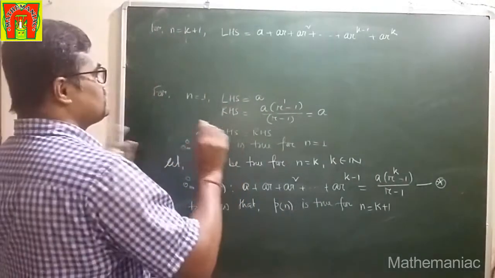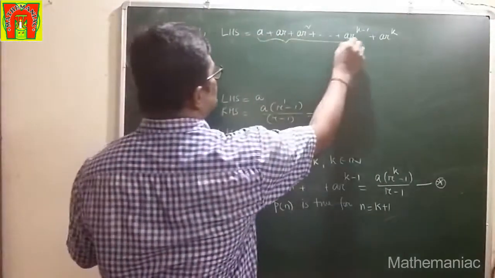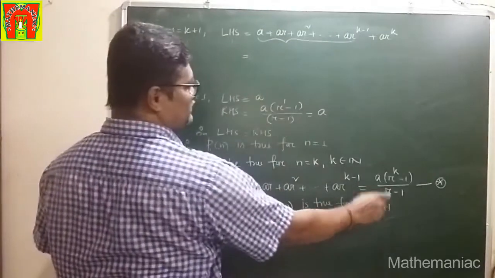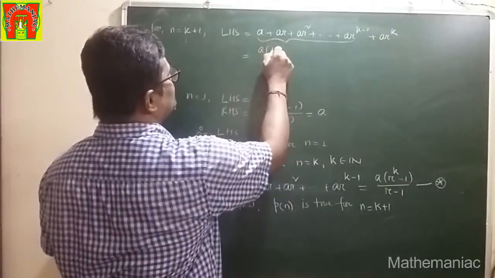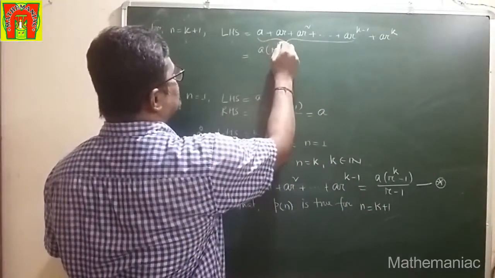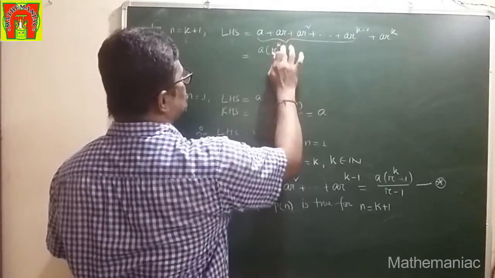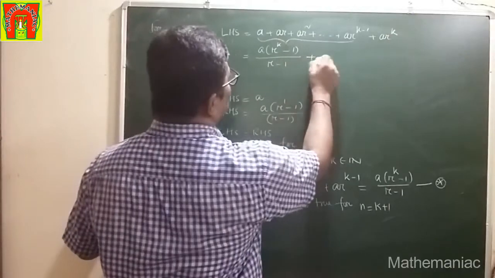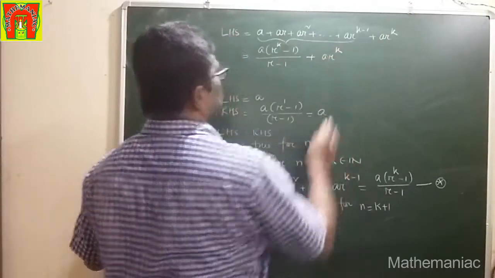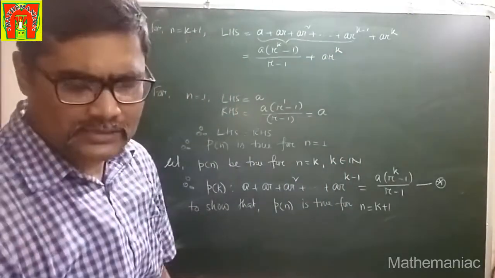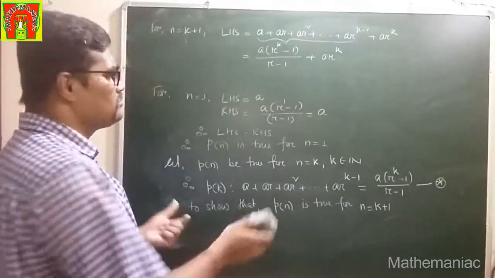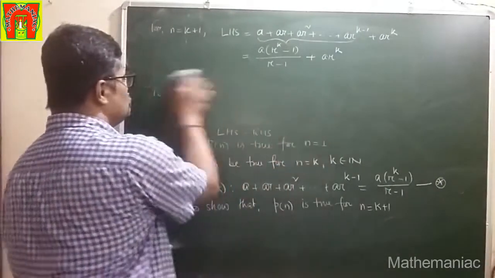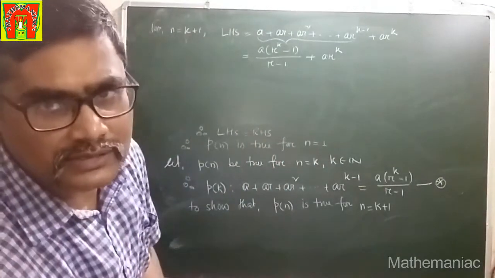So from here to here, how will you prove? This is the result: a times (r to the power k minus 1) divided by r minus 1, and then a r to the power k. Now as you did earlier, just simplify, nothing more you have to do.